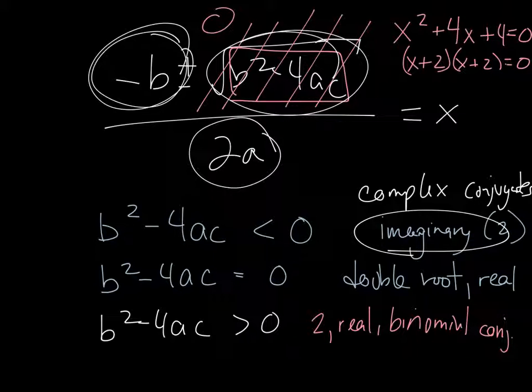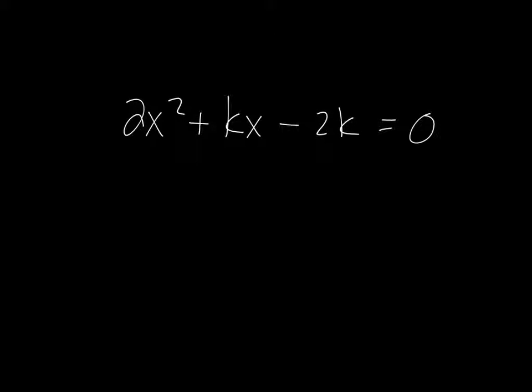Now, how could that problem show up, like I was saying earlier, so I can give you something like this. Let me do it this way. And I could say, determine the value of k such that the roots are imaginary.